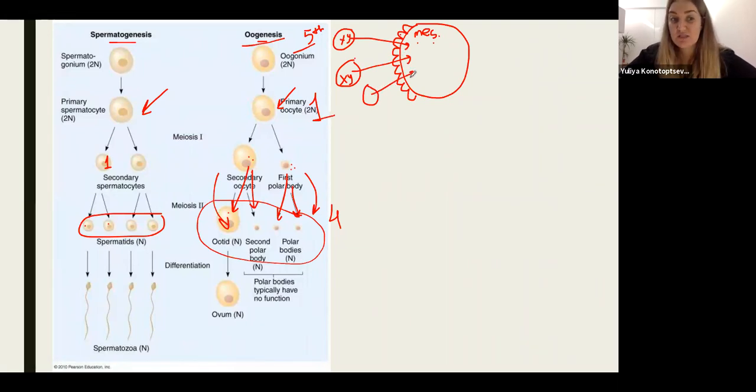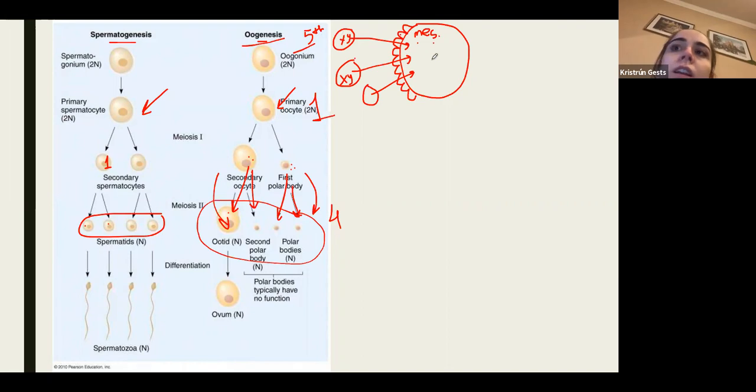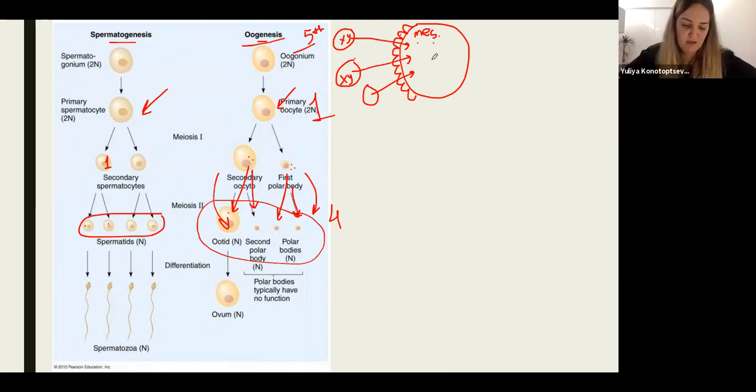The question is, as these PGCs come into the gonad, do they divide mitotically or meiotically? What do you think? I hear meiotically and I hear mitotically. Actually, it is mitotically. Why mitotically?